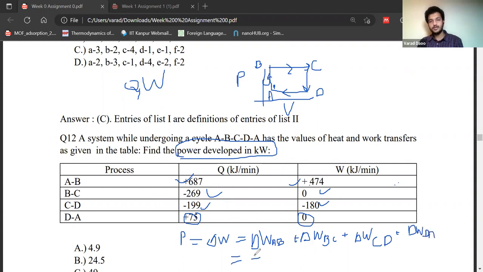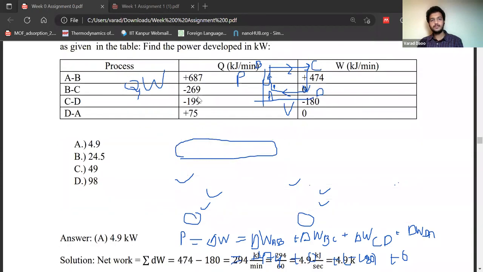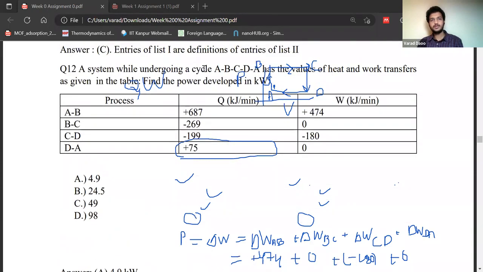Which is plus 474 plus 0 plus minus 180, plus 0. Which is how much?